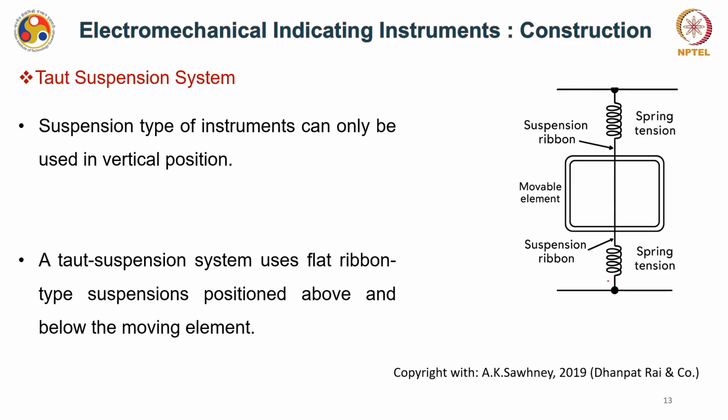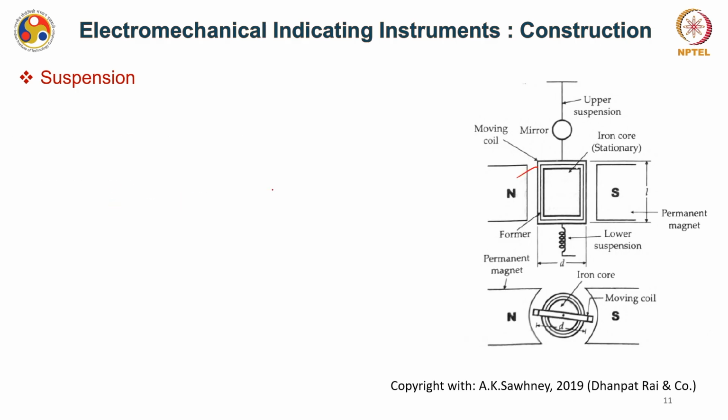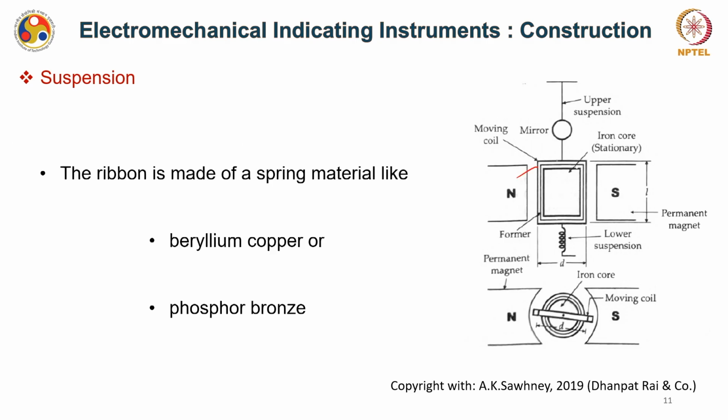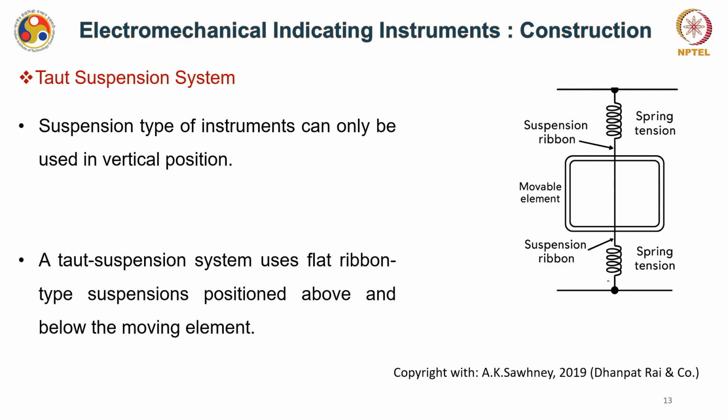So if you remember, in the case of the suspension system, we had a fine ribbon-shaped metal filament for the upper suspension, while in the lower part we have a coil of fine wire. Okay. However, in this taut suspension you have a different kind of arrangement.